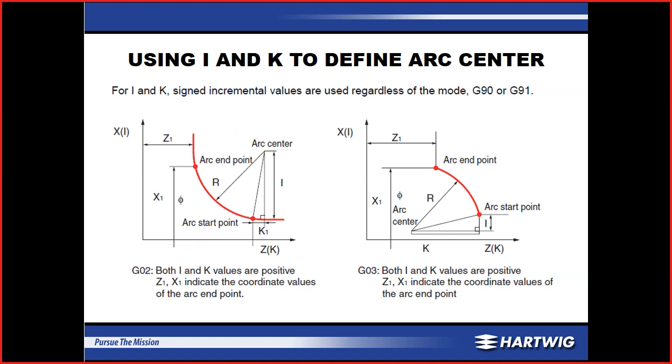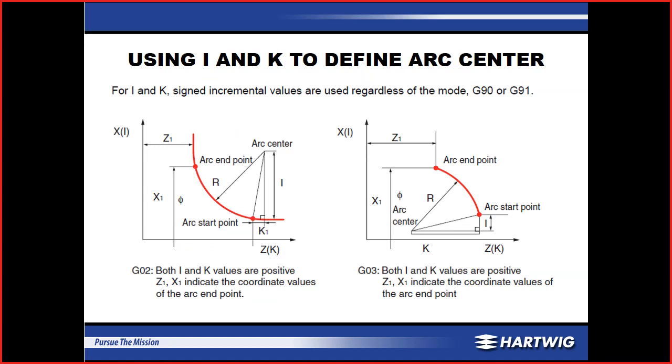However, in some cases, it's necessary to use I and K to define the center of the arc if the machine is giving an arc calculation error with the radius. In this case, whether you are in G90 or G91 mode does not matter. I and K are the incremental distance from the start point of the arc to the center of the arc.